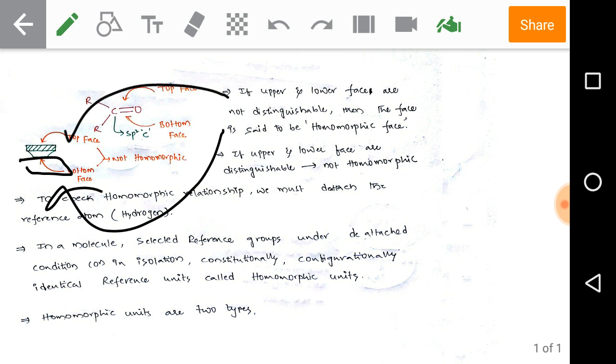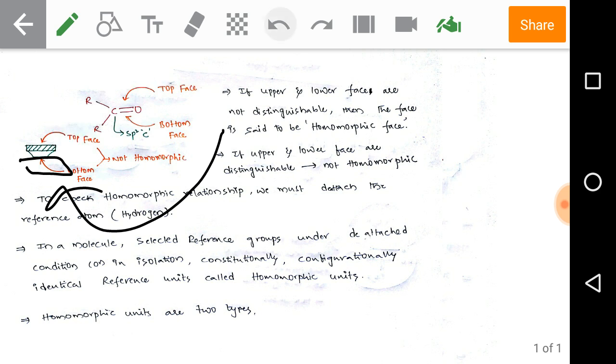These two phases are different, right? On the top phase we have cotton planarity, and in the bottom phase we have wooden plane. So these two phases are different, hence the duster phases are not homomorphic.